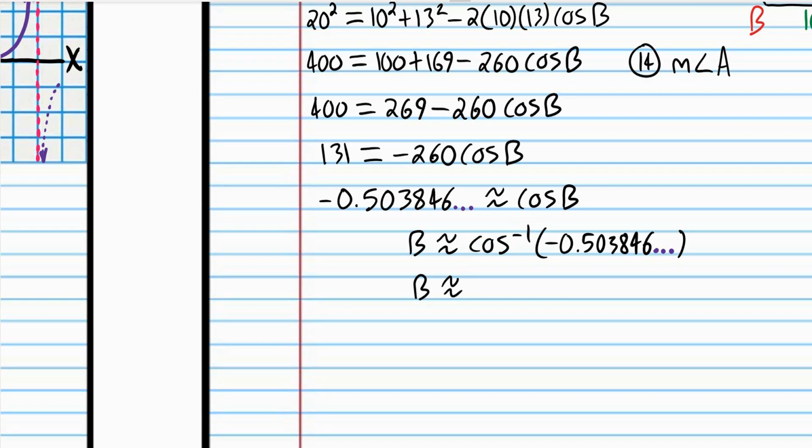With the TI-84 Plus, or pretty much any Texas Instruments calculator, you're going to press the blue second button at the upper left, and then the cosine button. Then you're going to push the blue second button again, and then the negative symbol button at the bottom right, and then press enter. And we get 120.25479 degrees.